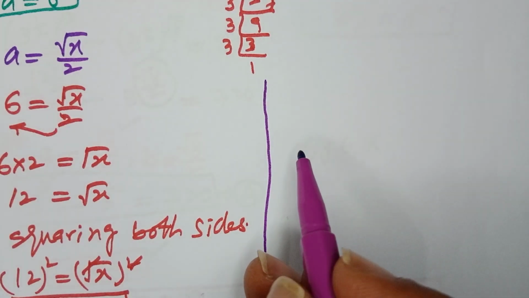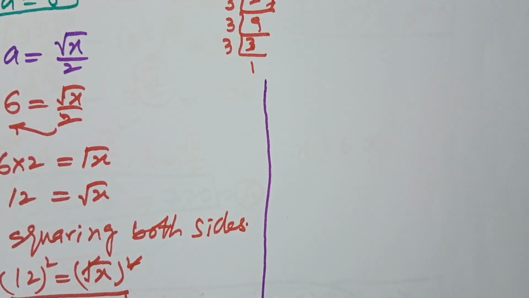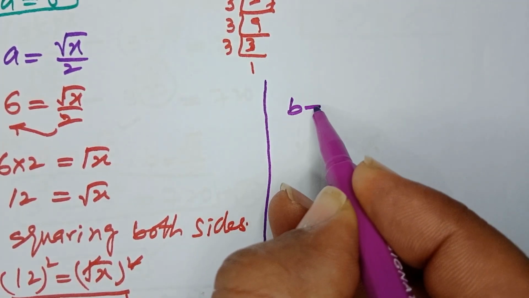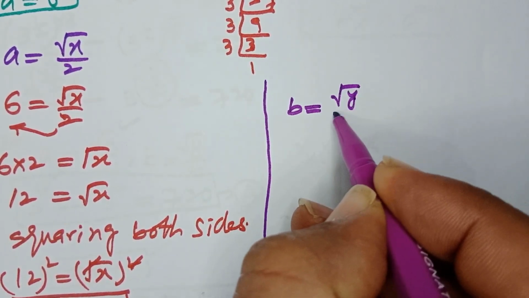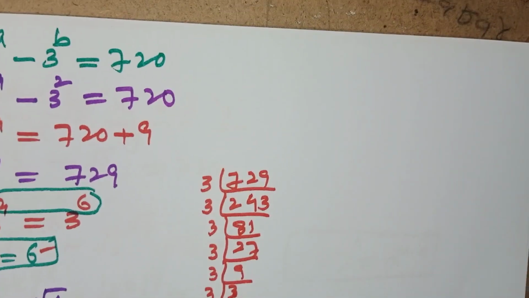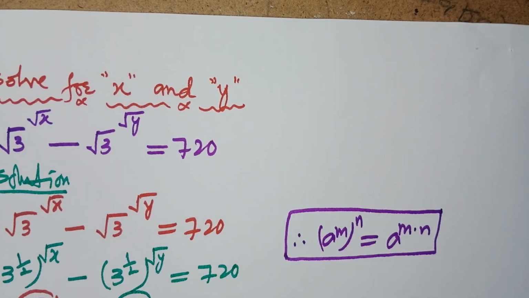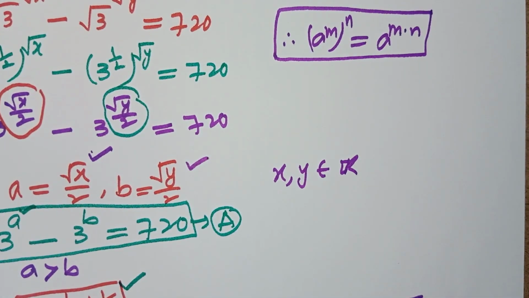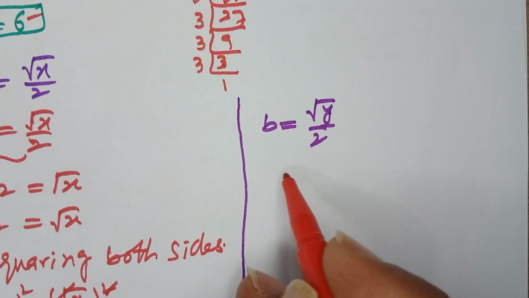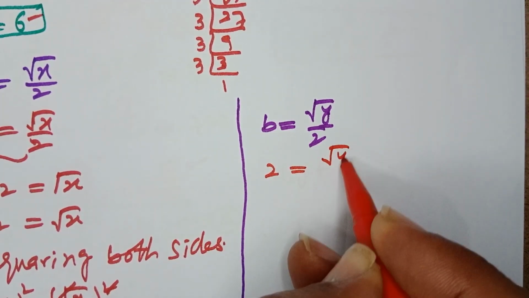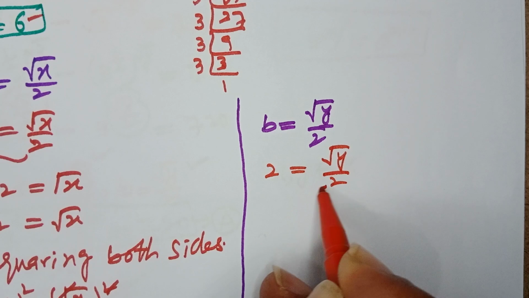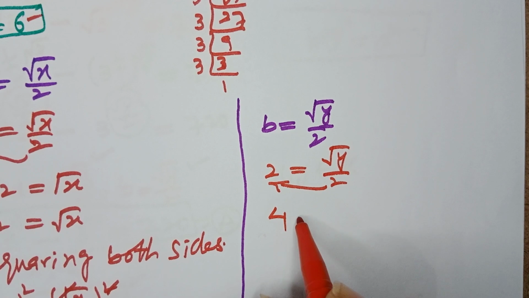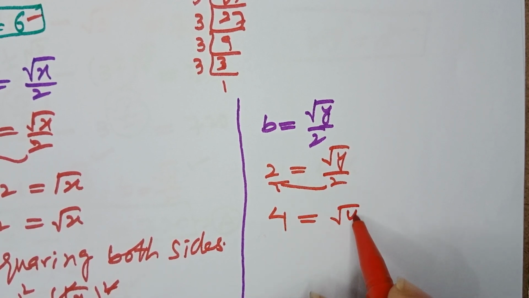Now finding the value of y by putting the value of b in the equation. b is equal to square root of y divided by 2, which is initially supposed. 2 replaced on the other side, we get 4 is equal to square root of y.